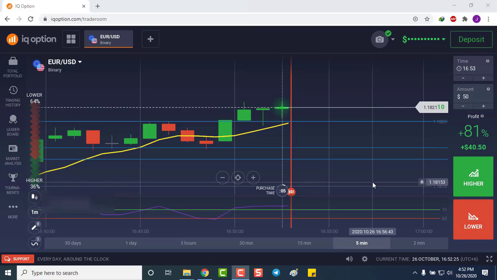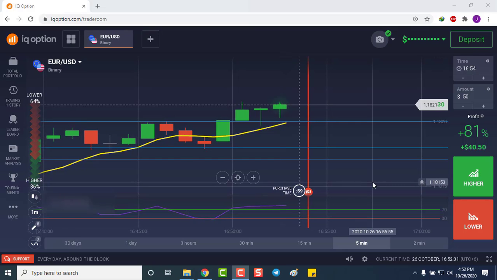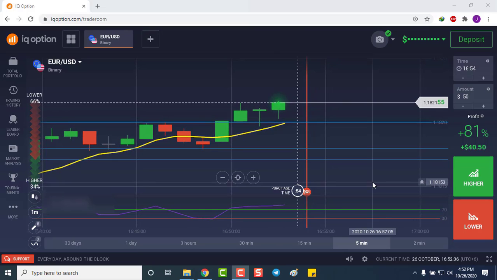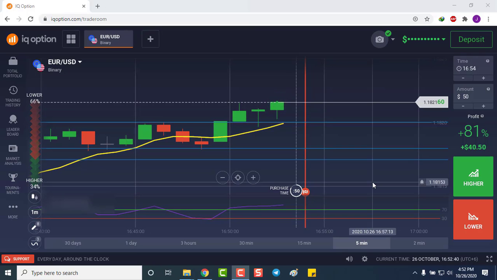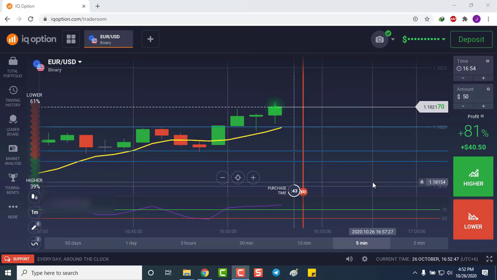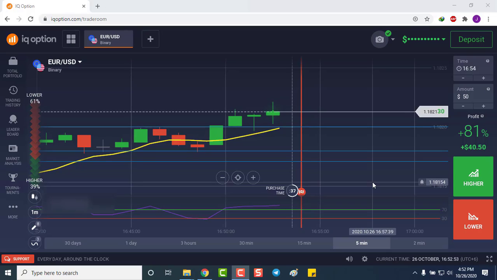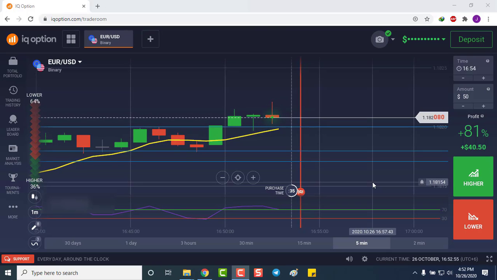Guys, please note, you can use the PP Trend Crasher strategy with or without considering the support and resistance level. If you have the knowledge and can draw strong support and resistance levels, then you can use the PP Trend Crasher strategy only on support and resistance levels. If you do, you will get at least an 85% to 90% winning ratio.